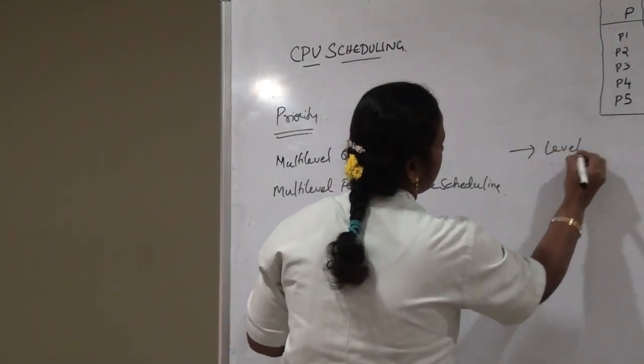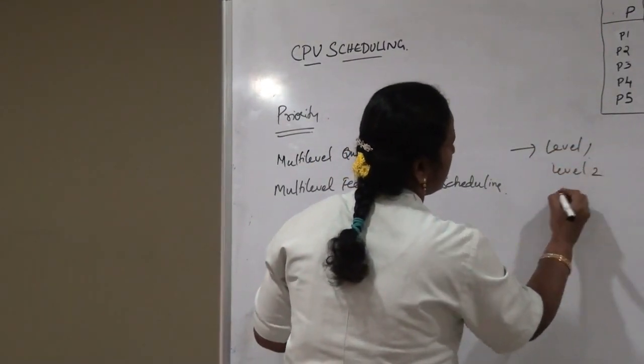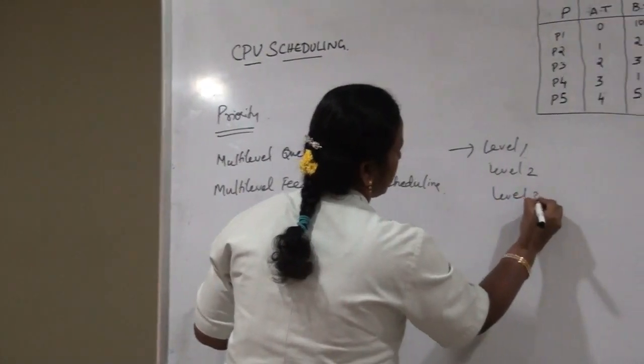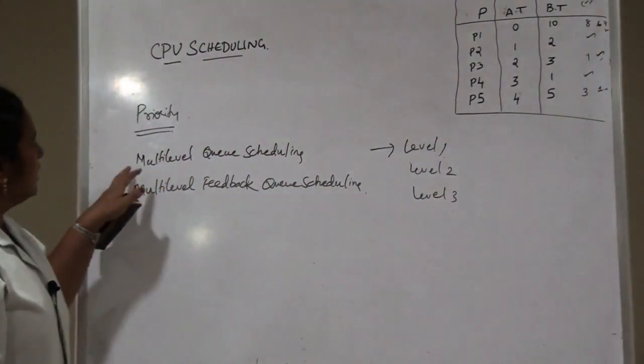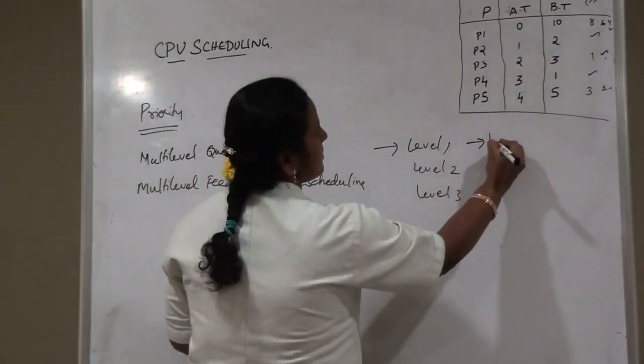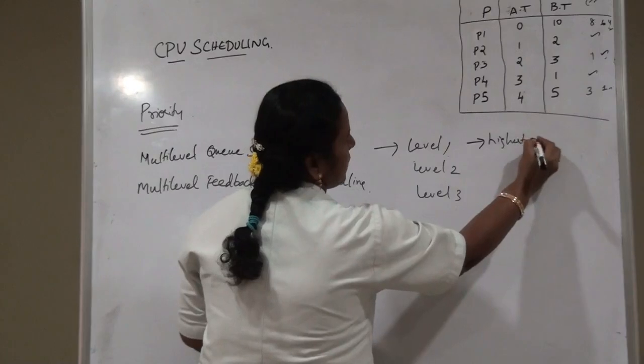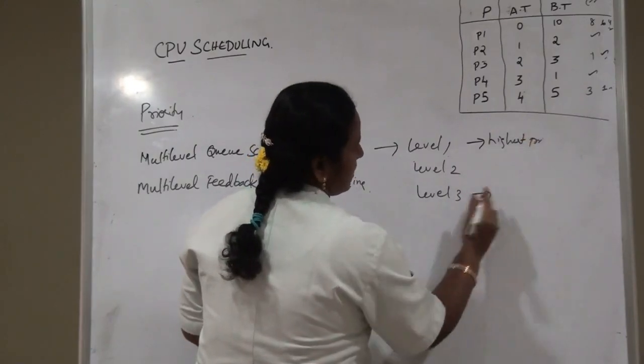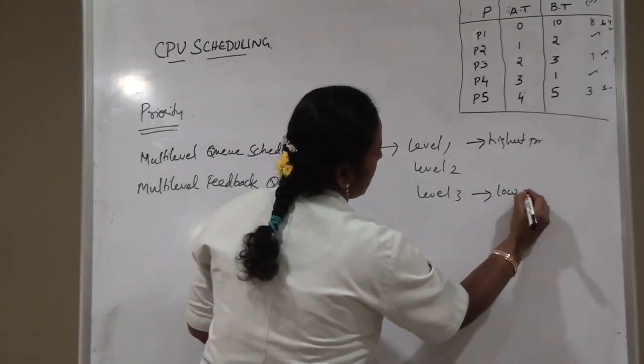In these two scheduling methods, the processes are divided into level 1, level 2, level 3. Like this, in level order the processes are divided, and the process at level 1 is given the highest priority and the process at the lowest priority is at the last.